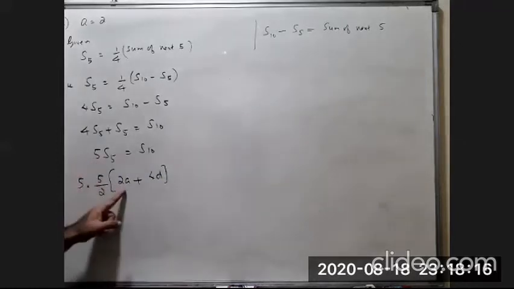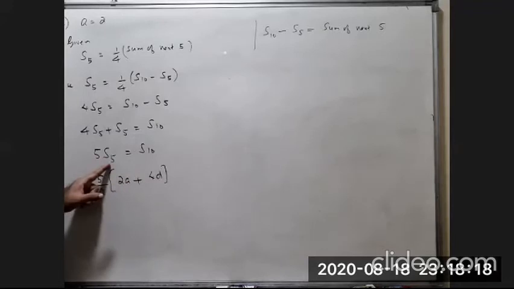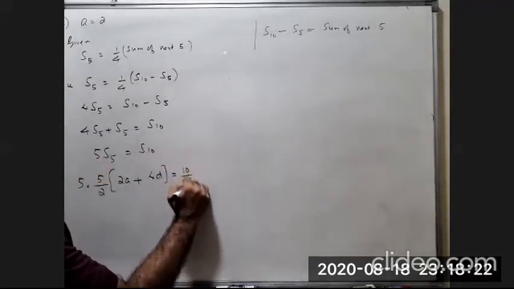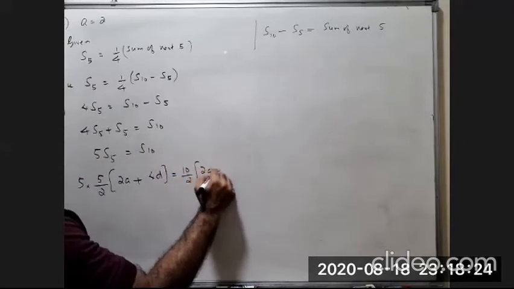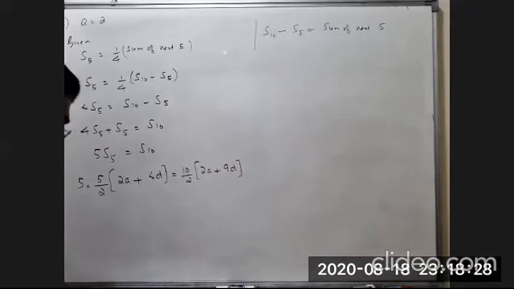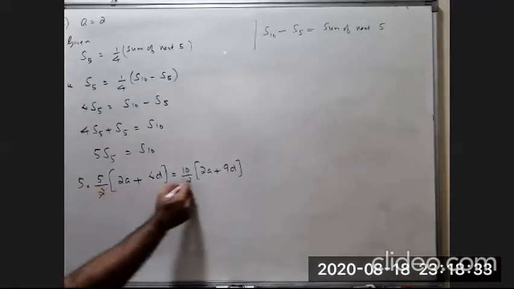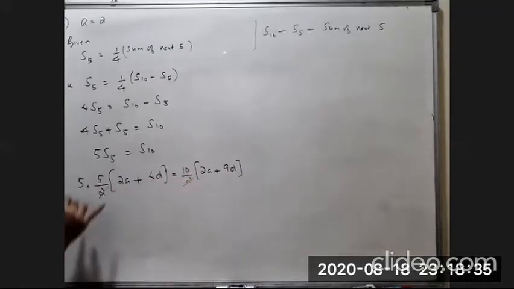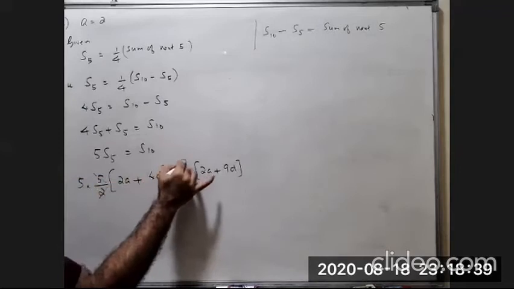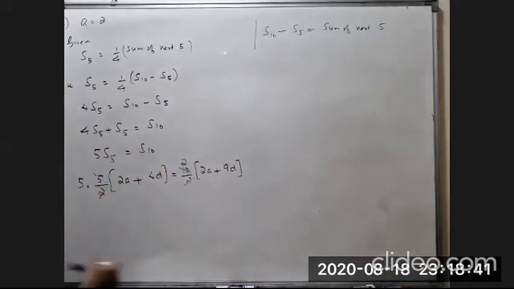This is equal to the S10 formula, 10 by 2 into 2A plus 9D. Now cancellation: the 2 and 2 in the denominators cancel, and the 5 and 10 cancel, giving 2 in the numerator.